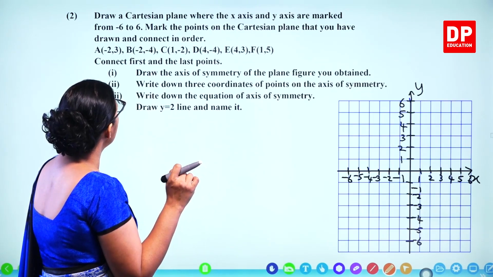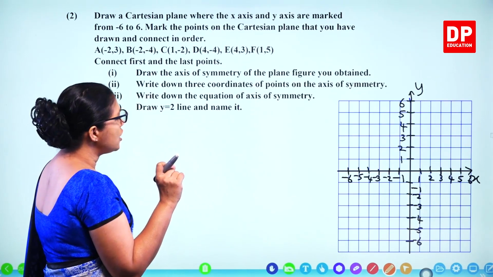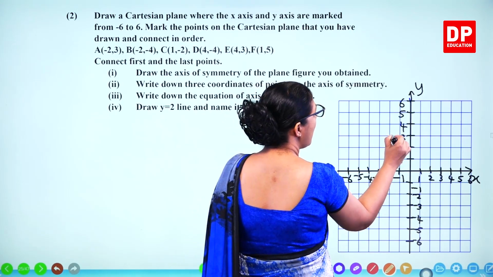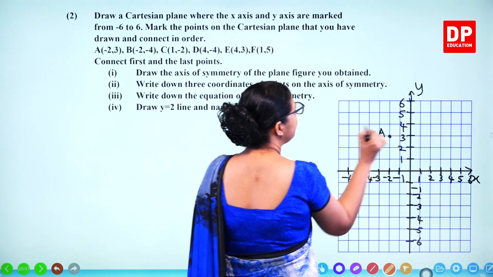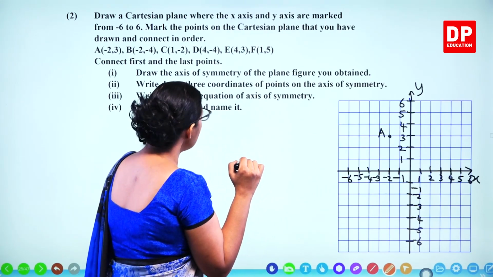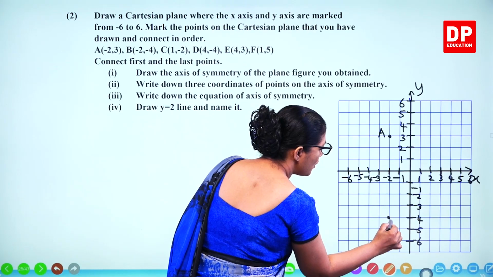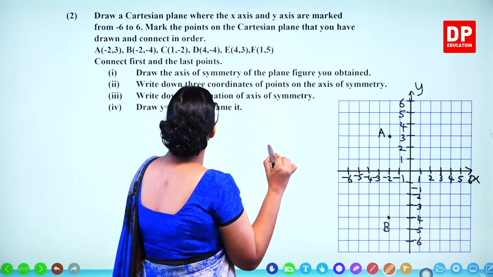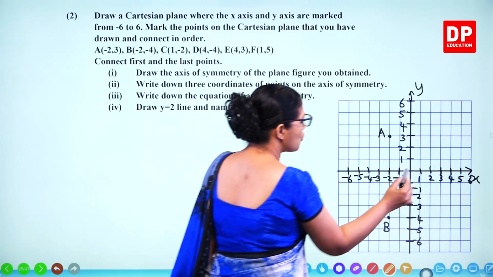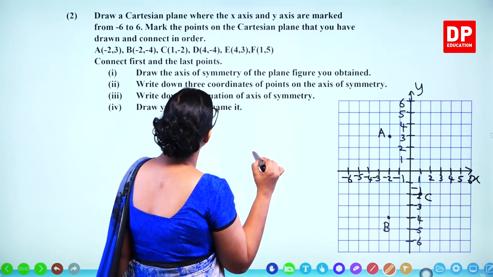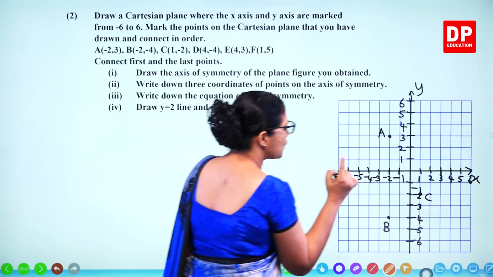Then you can mark the points. A is -2, 3. -2 is the x value and 3 is the y value. So this is A. Then -2, -4. -2 here, -4. So the B point is here. 1, -2. This is C. 4, -4.